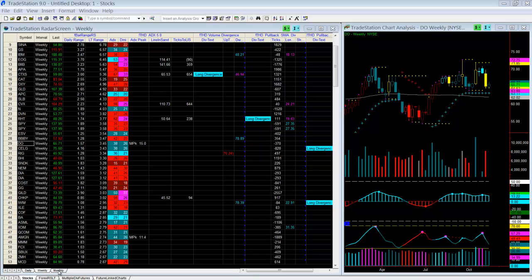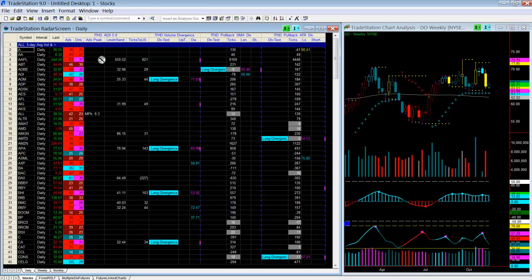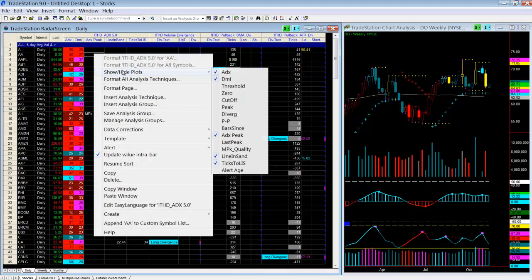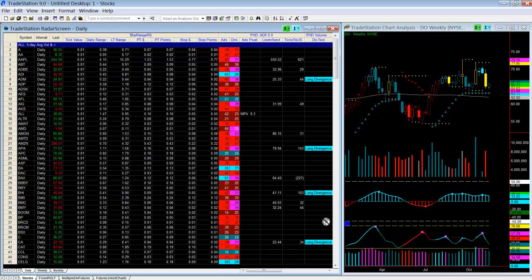All right, we can do the same thing on the monthly. Well, let's go to daily because for those of you that are trading daily, this is really important. Because on this one, you really do want to get the ones that have the biggest range. And if you're new to this like I am, this is the only way to know.